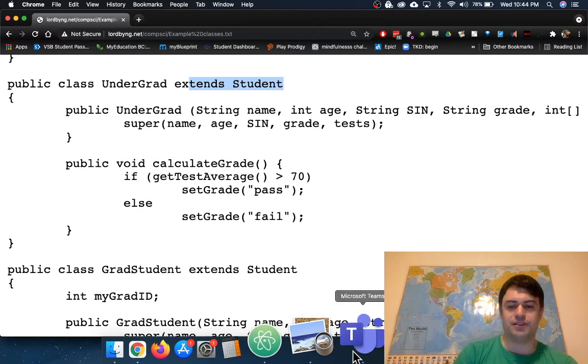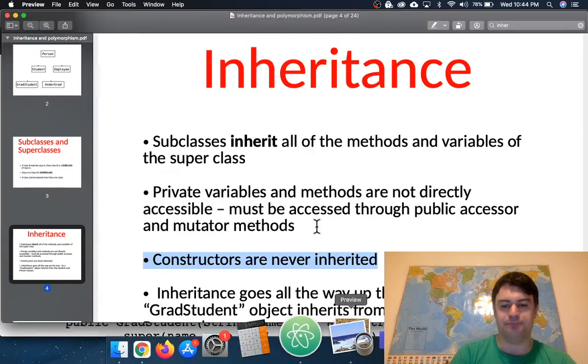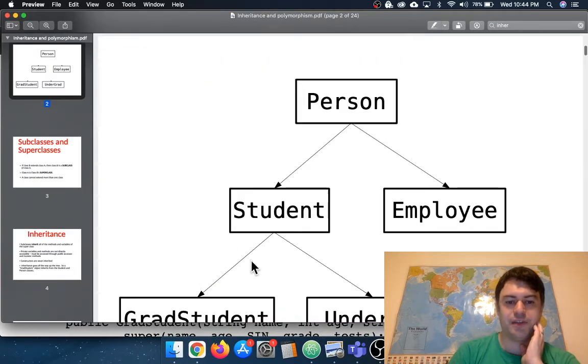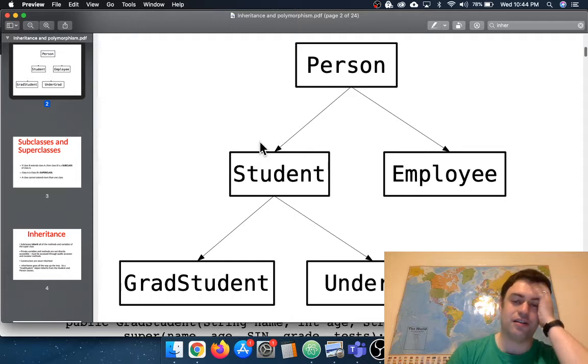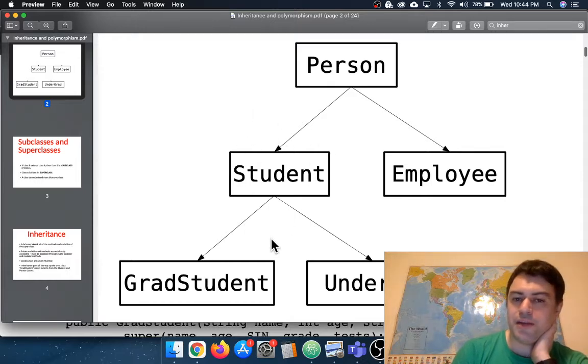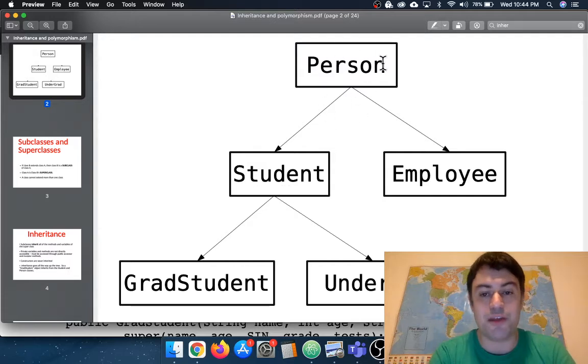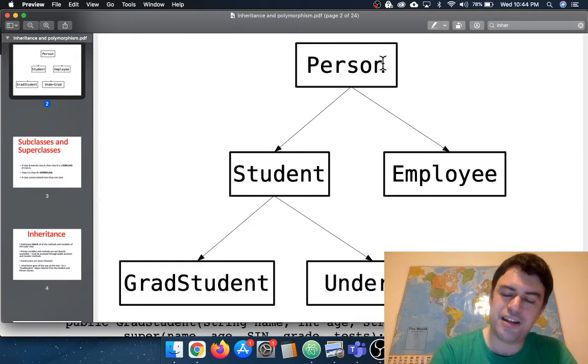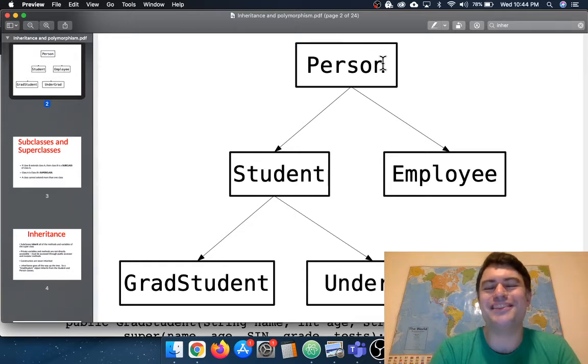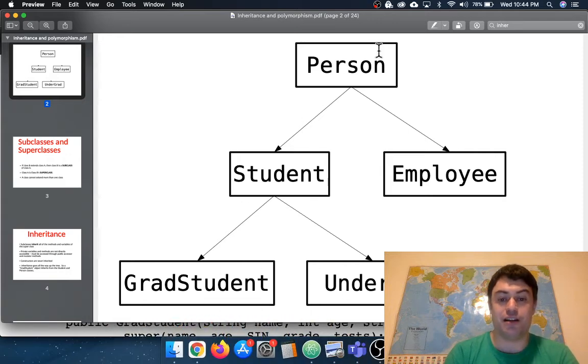So in other words, if I go back to our little diagram, a grad student is going to inherit all of the instance variables and methods of student and all of the instance variables and methods of person. Isn't that nice? So it's going to inherit everything. These ones at the bottom are inheriting a lot.